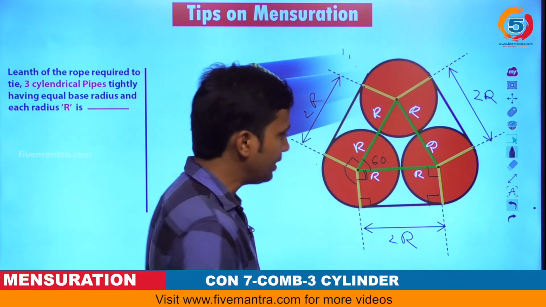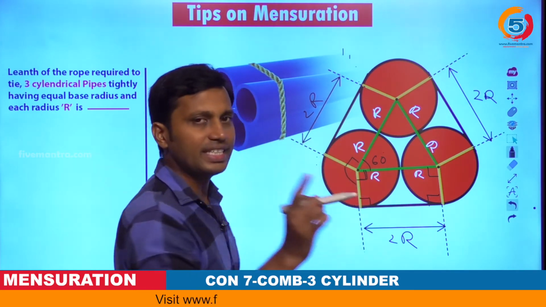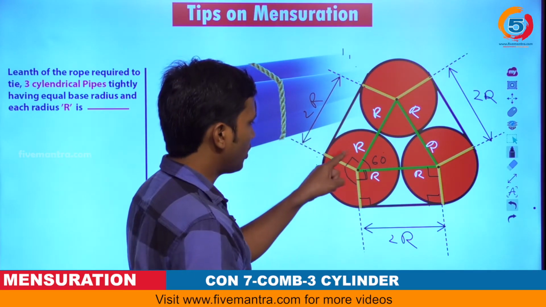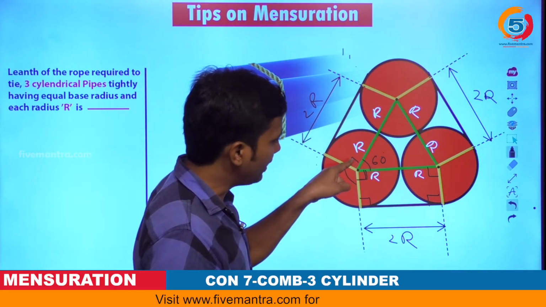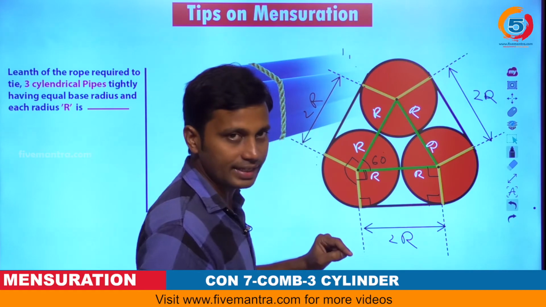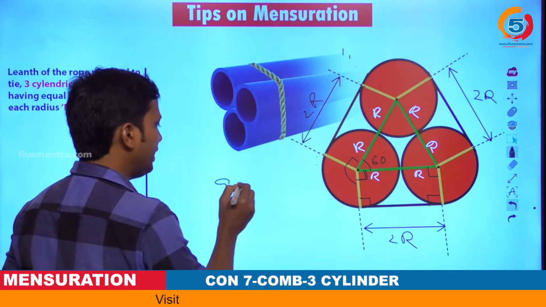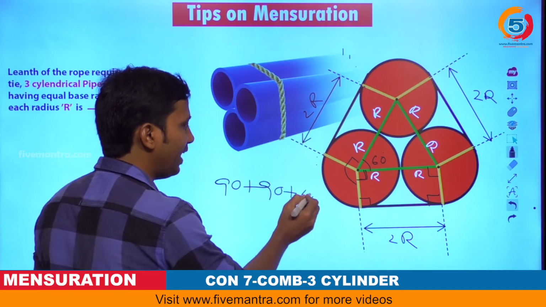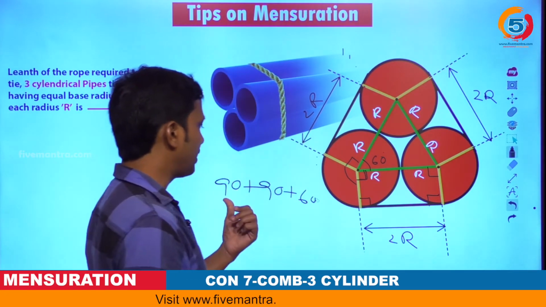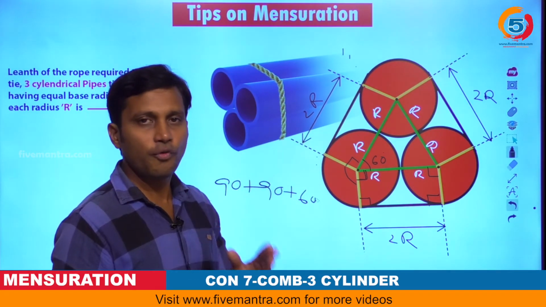Let us observe, guys. This total angle would be 360 or not? Out of this total angle 360, here 60 is occupied, and here 90, here 90. What is that? 90 plus 90 plus 60 is already occupied. How much is that? 180 plus 60, 240 or not?